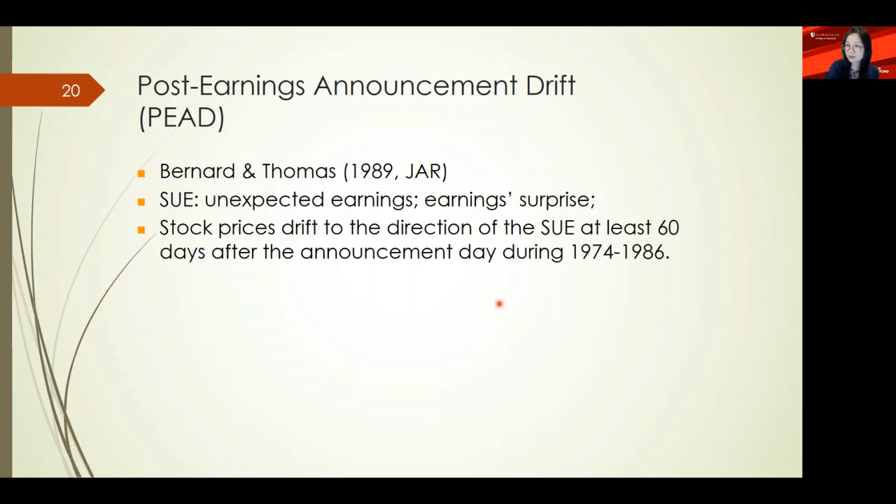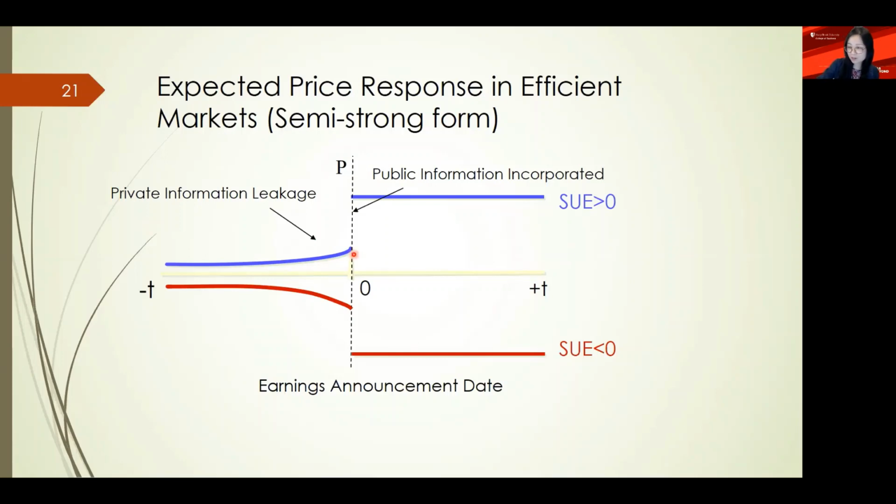Let's first look at the predicted reaction to an earnings announcement under a semi-strong form efficient market. This is what we are supposed to observe if the market is semi-strong form efficient. Public information would not predict future returns, because the price moves instantly when the information is announced. Before the announcement, the price may move based on private information, because the market is semi-strong form efficient but not strong form efficient.